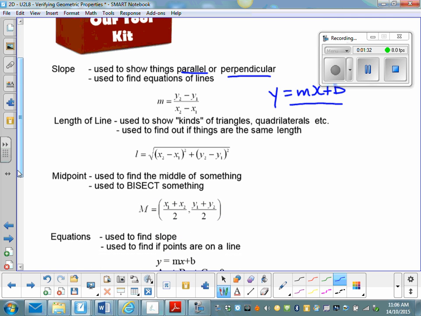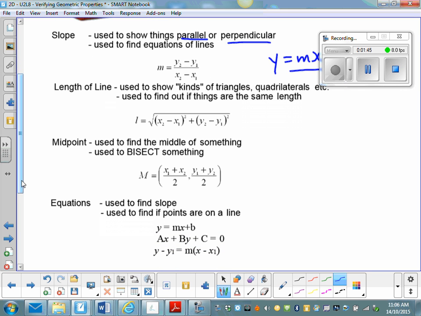Length of a line, we can use that to figure out what kinds of triangles or quadrilaterals we're dealing with. So we've done some questions like that, trying to find if it's scalene or isosceles or equilateral. Midpoint, so anytime you see the word bisect, then you're talking about the midpoint because you're cutting something into two equal parts.